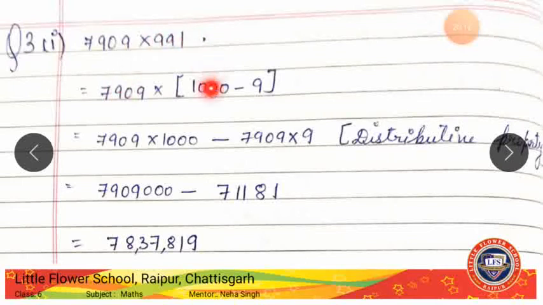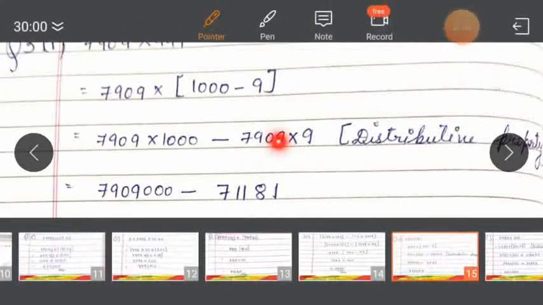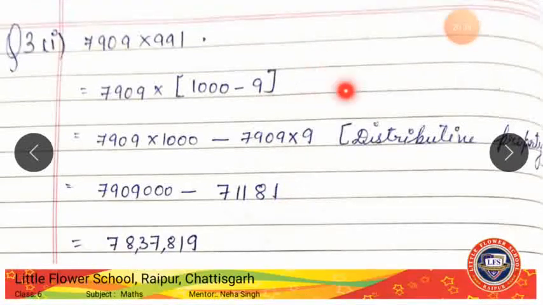What will it be? This number is multiplied with this and this number is multiplied with this, means the number outside the bracket is multiplied with both the numbers, right? So here 7909 into 1000 minus 7909 into 9. Here the calculation is simpler, and with a 1-digit number we just have to multiply. 9 9s are 81, 1 and 8 carried, 9 zeros are 0, 8, 9 9s are 81 again, 1 and 8 carried, 9 7s are 63, 63 and 8 is 71.